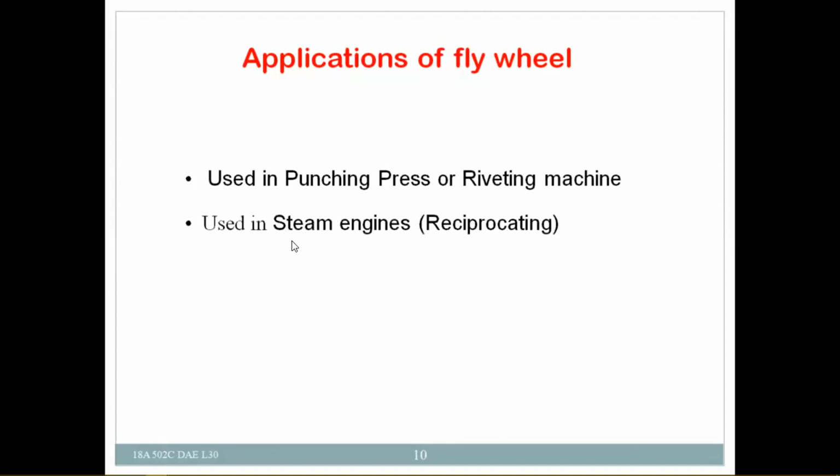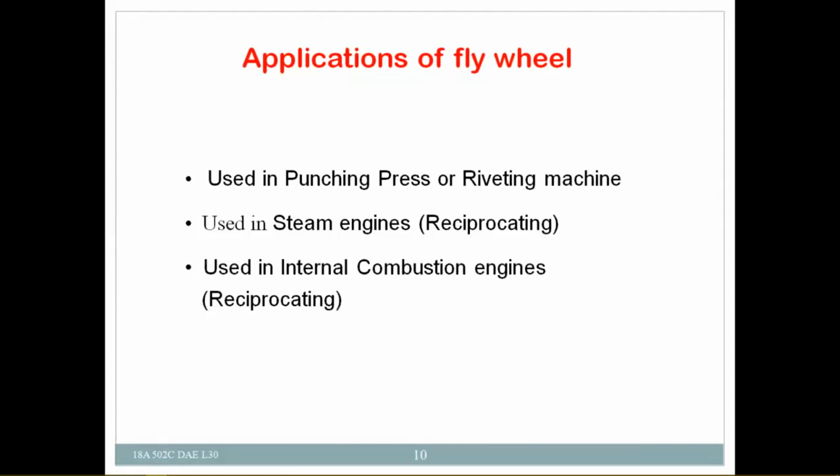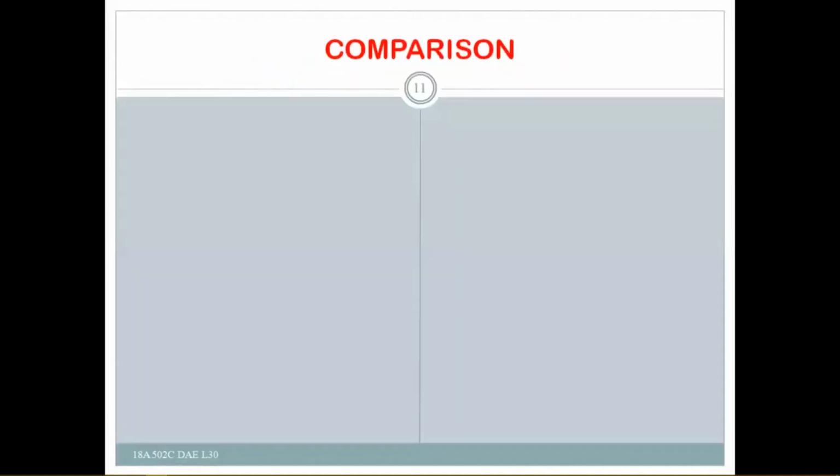Number two, it is used in steam engines, in reciprocating type steam engines, and also in reciprocating internal combustion engines. So these are the applications: punching presses, riveting machines, steam engines, and IC engines. We are going to use the flywheel in these.